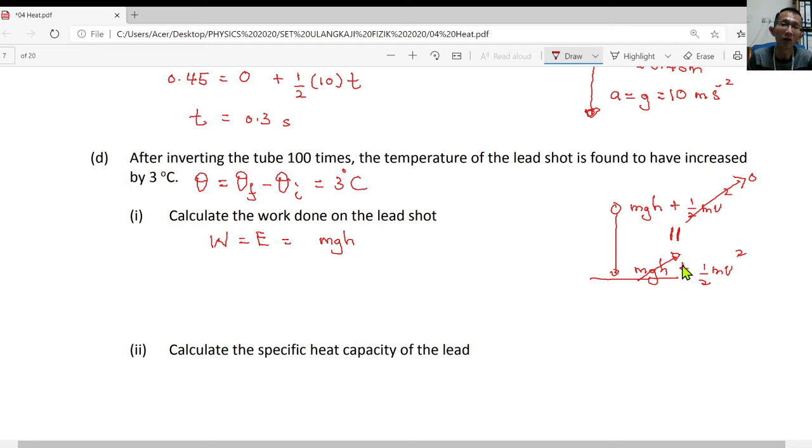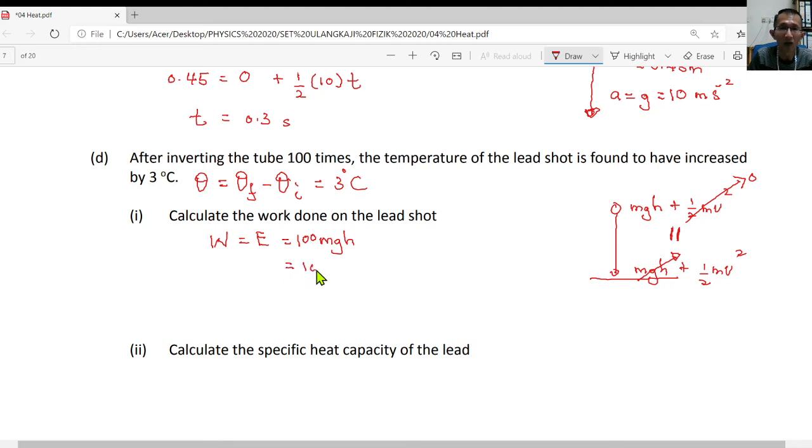Alright, so if that's the case, I'm going to use my gravitational potential energy to be equal to my work. Work is energy. So here I'm going to use my gravitational potential energy, but notice that it was inverted 100 times, so I have to multiply by 100. Now let us finish up the calculation.